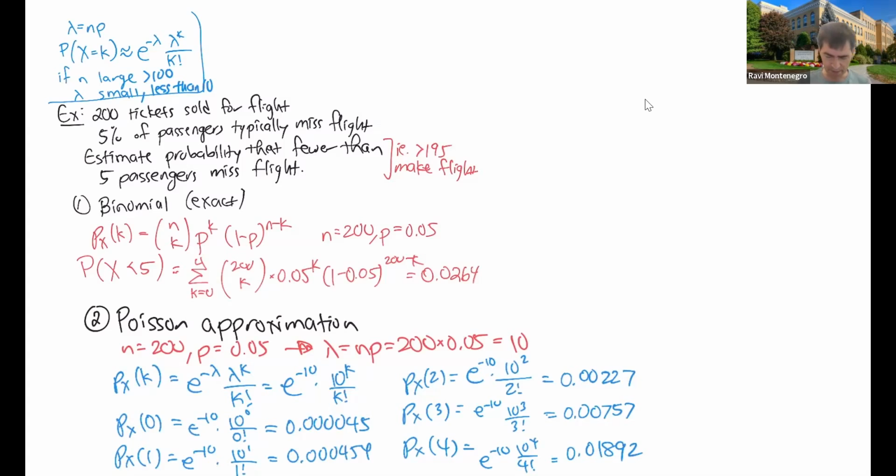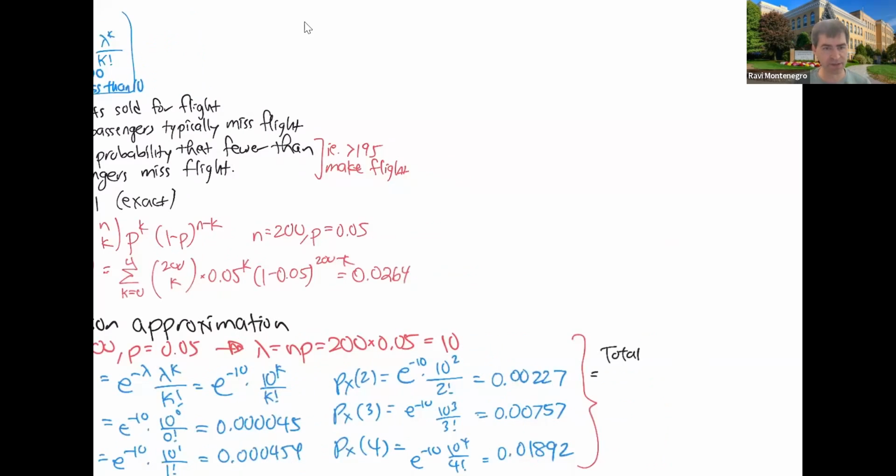So now I can add them all up. Adding them all up, that first term is really, really small, and keep on going like that until we get the last one there, 0.01892.